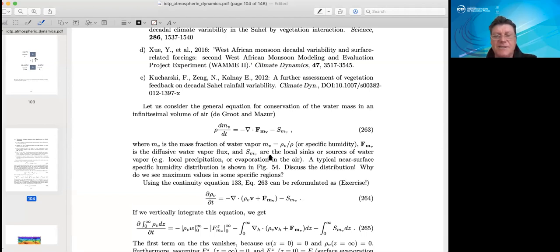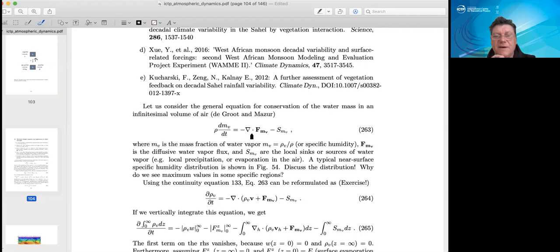The definition is that this is the density of the water vapor component divided by the total density of our air. So this is not the density of the dry air, but the total density of our system. The complete equation has rho times the advection of this quantity, as usual.